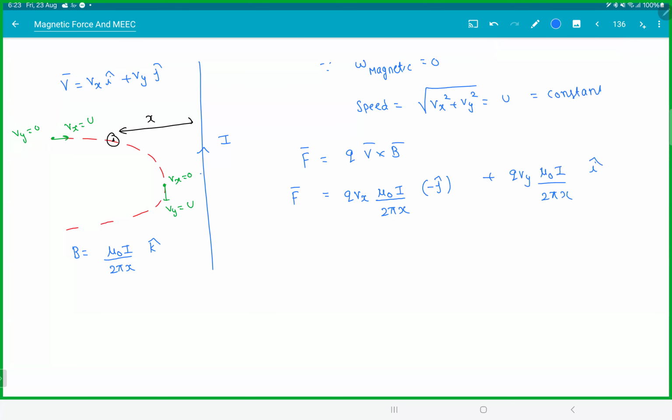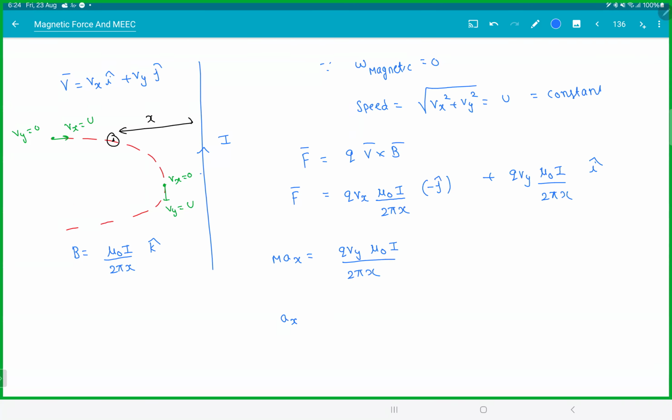So one thing is clear, I want x, right? So let me do everything in terms of x only. So force is equal to max. That would be q vy mu naught I by 2 pi x. That's your this thing.